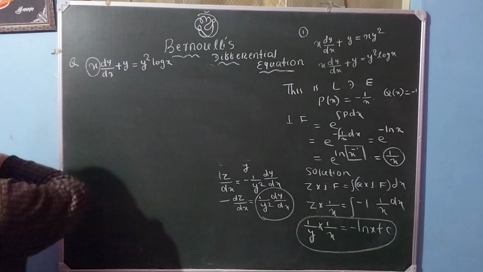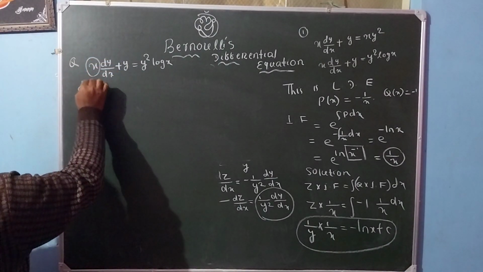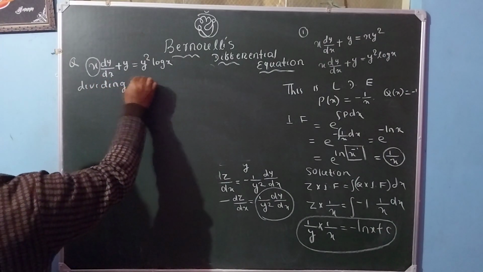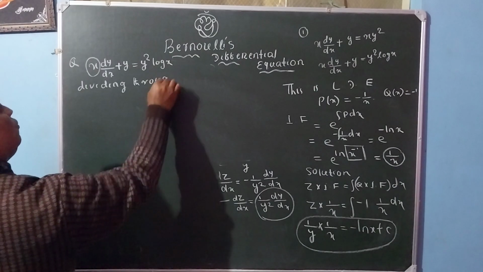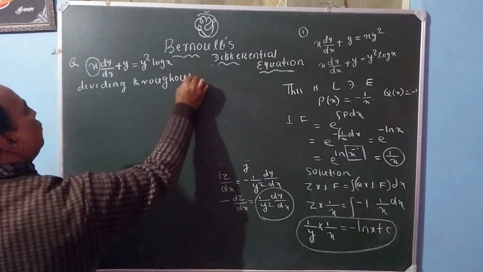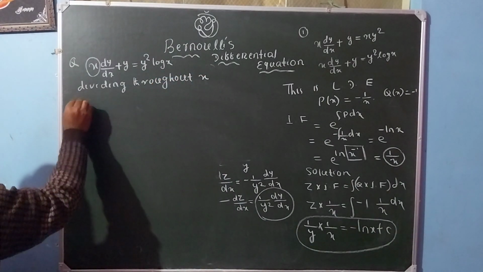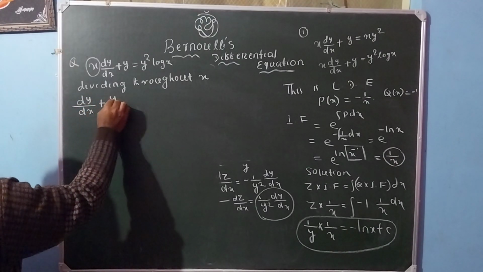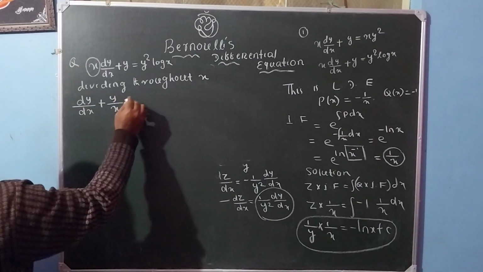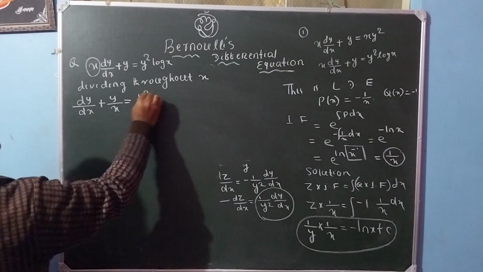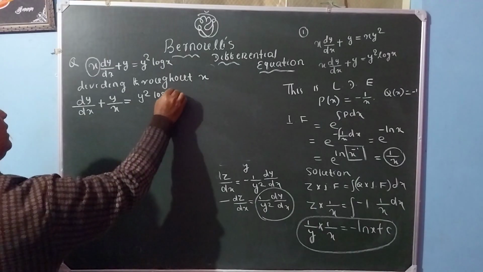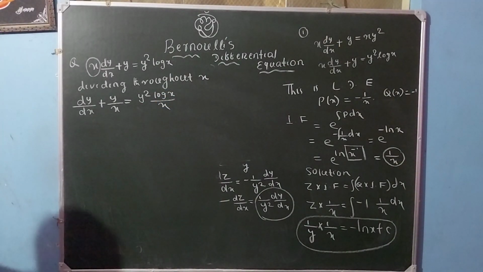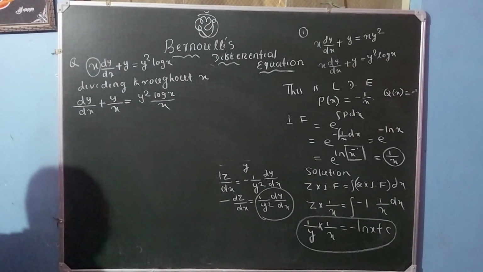First of all, you have to divide throughout by x. So dy/dx plus y by x is equal to y square log x by x. So this is now in the form dy/dx plus P(x) y equals Q(x) y square.